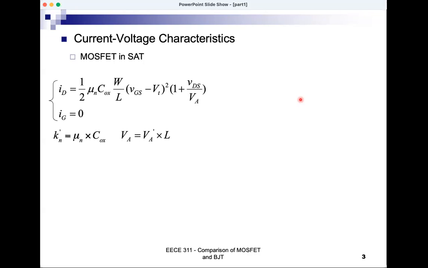So this equation VA equals VA prime times L shows that if I change the dimensions of the MOSFET, the value of VA for the MOSFET would change.